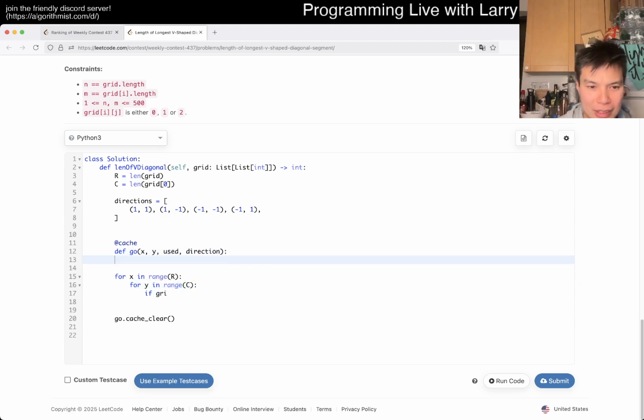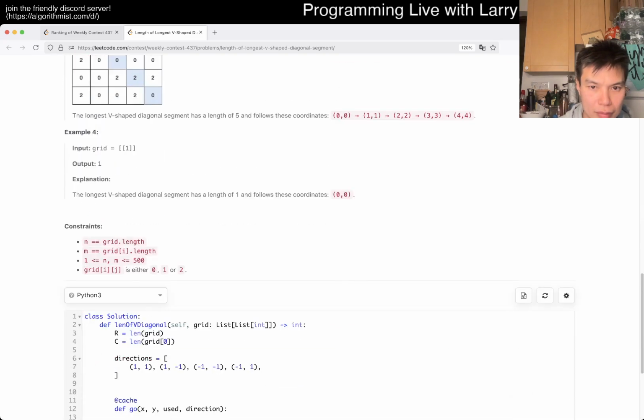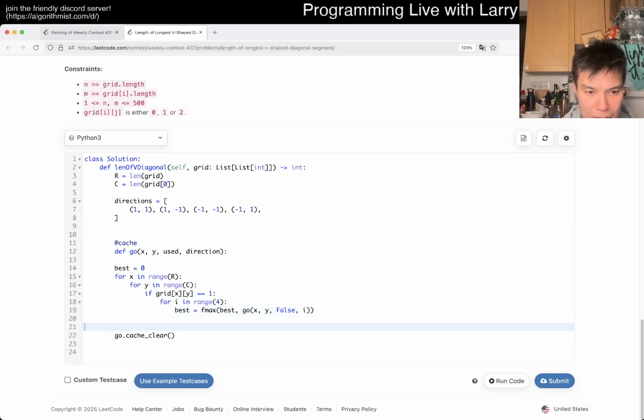And there's actually some states we have to do, but I don't know. Right, something like that.